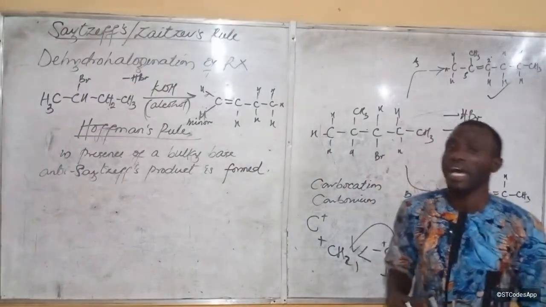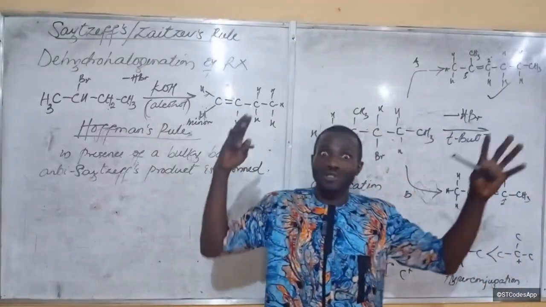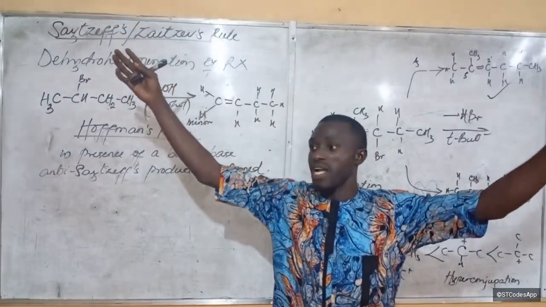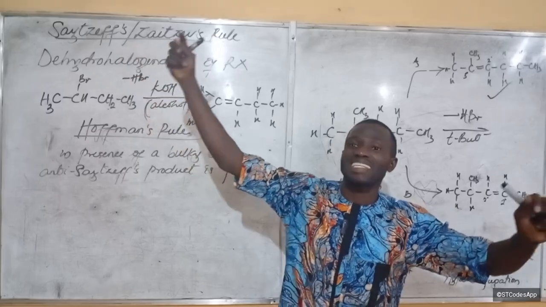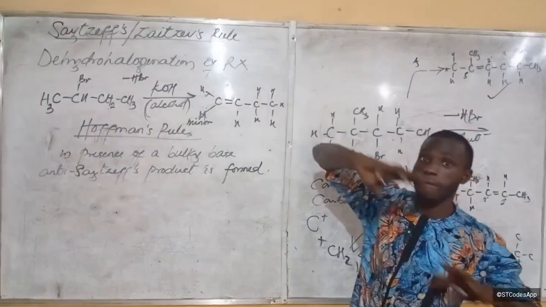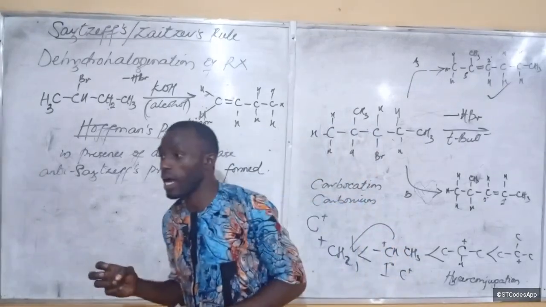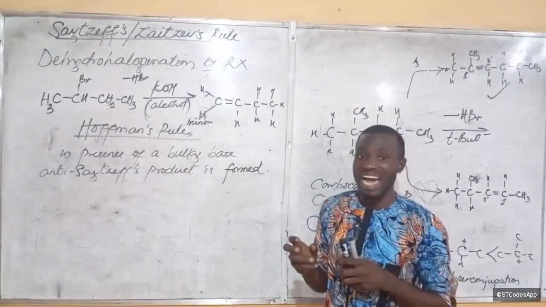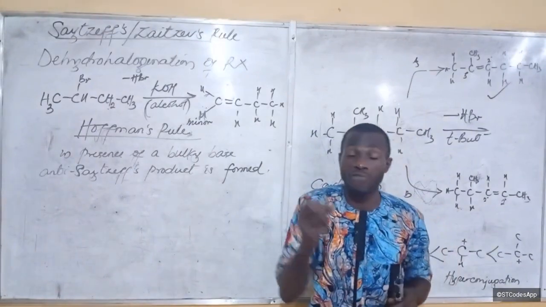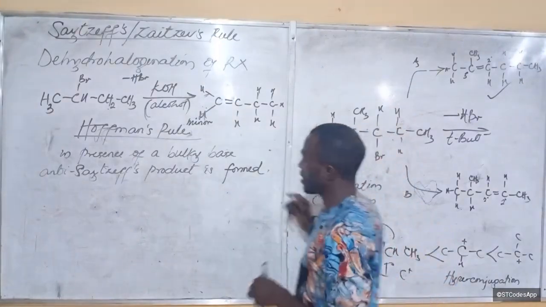I'm going to reiterate. This bulky group, because it is bulky, has plenty of load that it is already carrying. That is, it has too many groups. Because of that, instead of going to the most substituted carbon, the carbon that has many more carbons around it, it will rather go to another carbon that has fewer groups around it, from which it can easily get hydrogen, and then take the hydrogen.